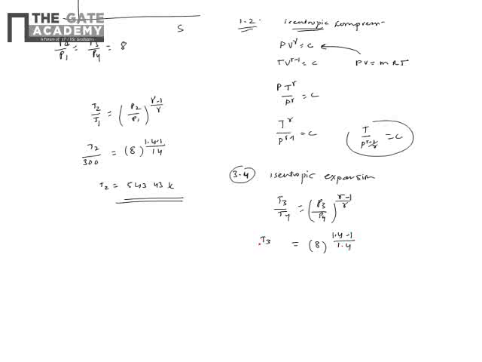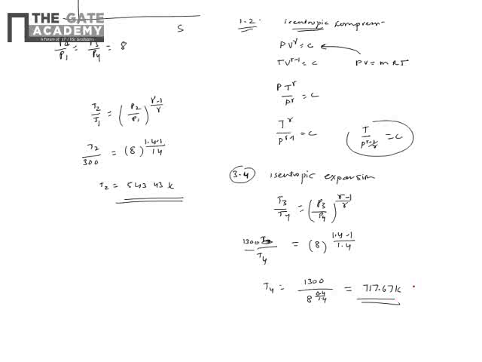T3, the turbine inlet temperature, is given. It is the maximum temperature, which comes from the material limitation, and it can't go beyond this. So I can find T4 now. T4 will be 1300 divided by 8 to the power 0.4 by 1.4, and this value comes out to be 717.67 Kelvin.